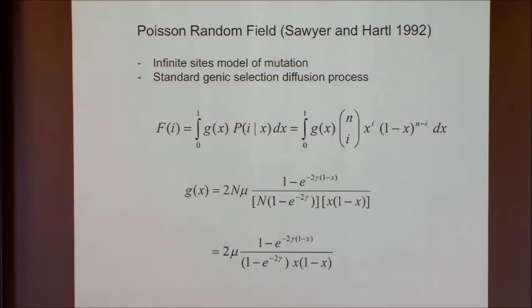What they want to do is look at a process in which new mutations arise at a constant rate in time. So you have a Poisson process at which new mutations arise. And then the paths of the mutations in time follow this simple diffusion model. And then you integrate over all paths and over all times and ask, okay, what's the probability of seeing a mutation with a certain frequency in a sample?